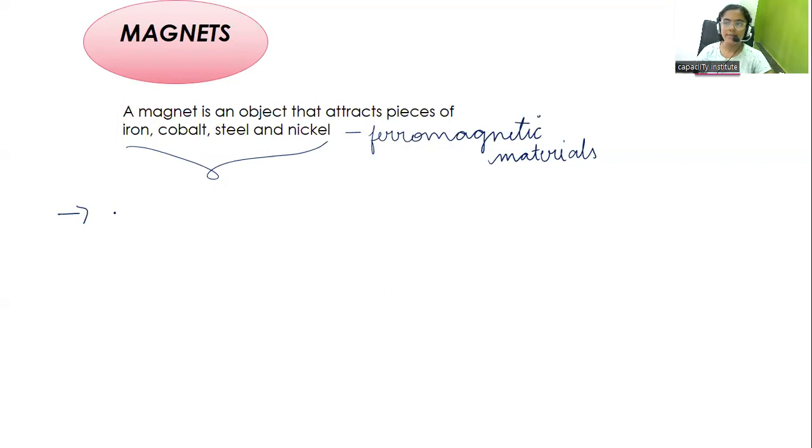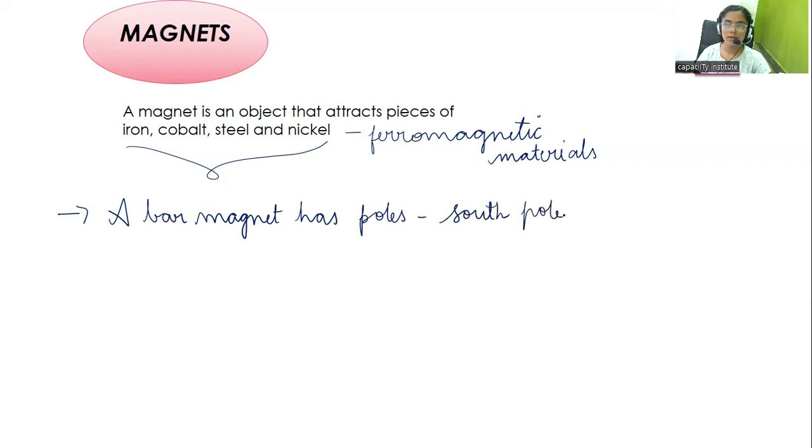One of the properties is that a bar magnet has two poles, the south pole and the north pole.